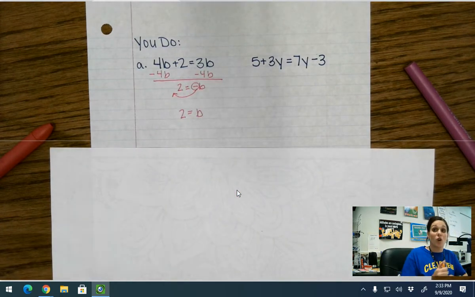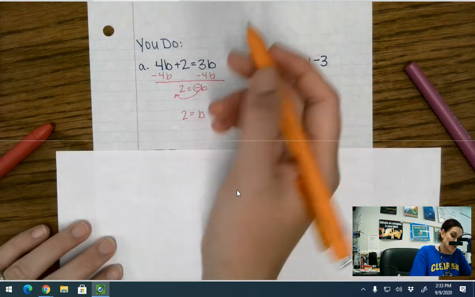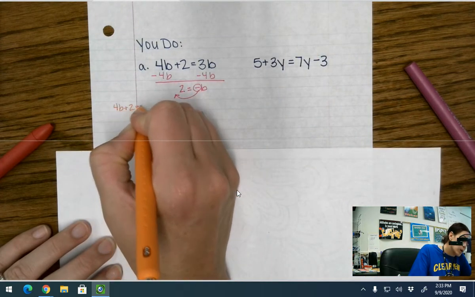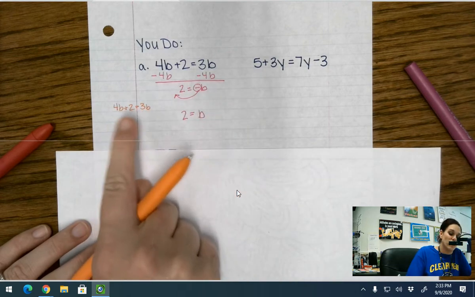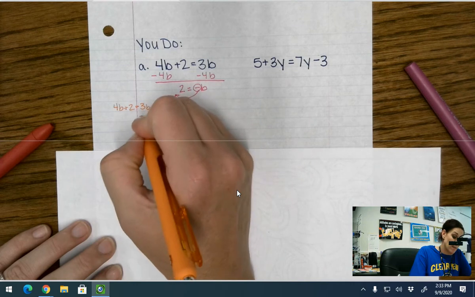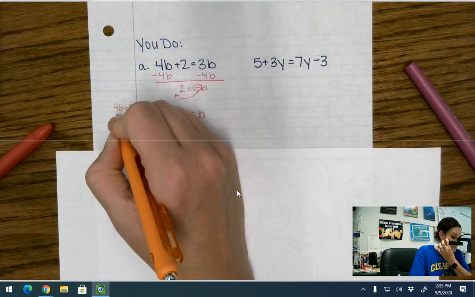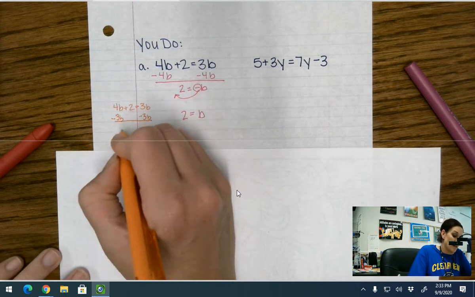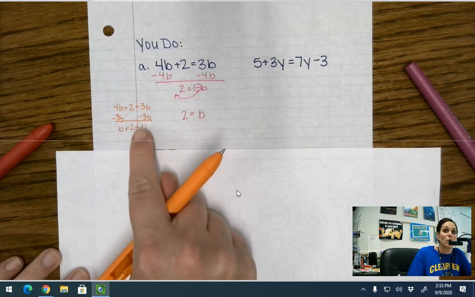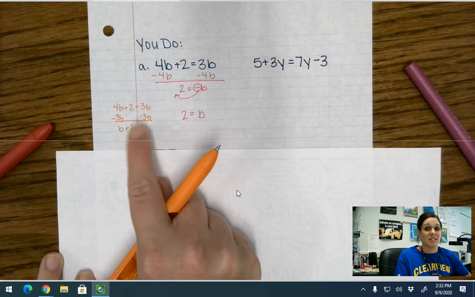Now, if you would have solved this moving the other direction, I'm going to show that real quick. So 4b plus 2 equals 3b. If you would have moved this 3b first because you said he was the smallest, you're going to say minus 3b from both sides. That leaves b plus 2 equals 0. You cannot just magic math this equal sign, okay?